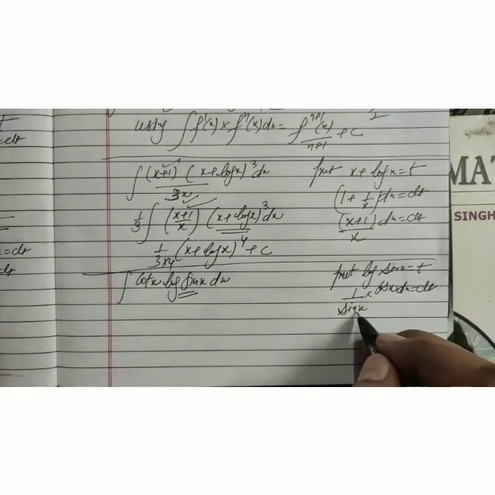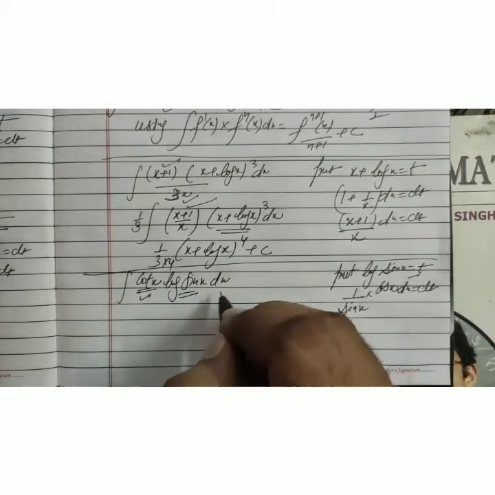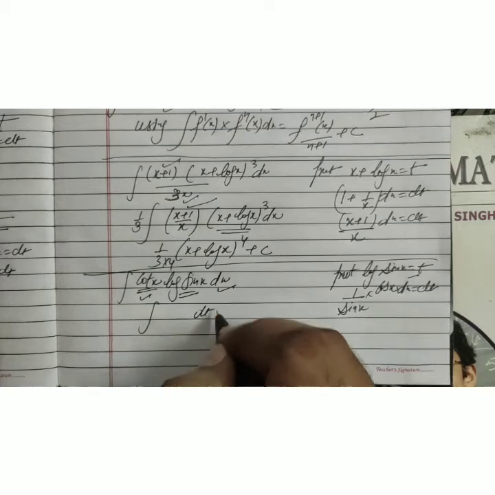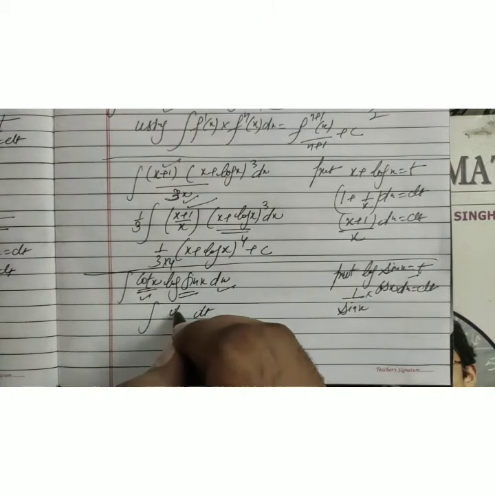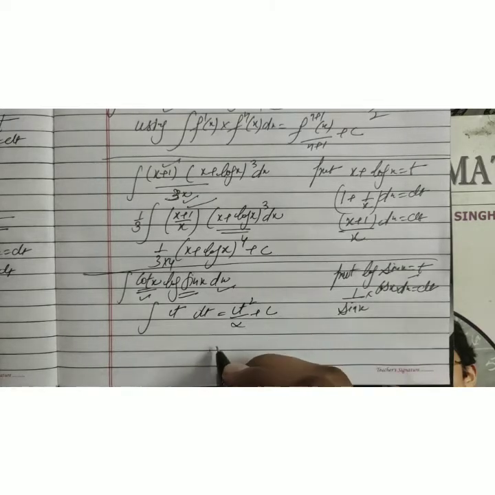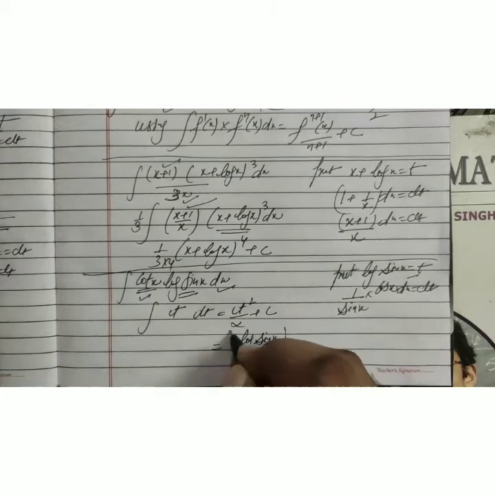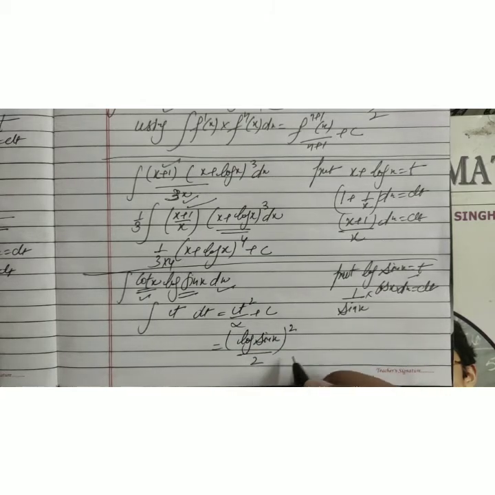As you know, cos by sin is known as cotangent, with dx. It means cotangent x with dx becomes dt. Log of sin x we have taken as t. So by the power rule, t square by 2 plus c. Using the value of t, (log of sin x) whole power 2 by 2 plus c.